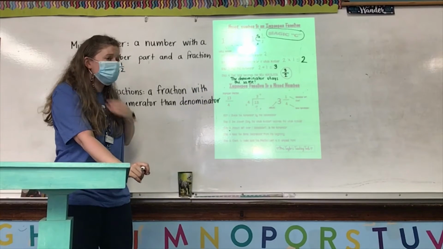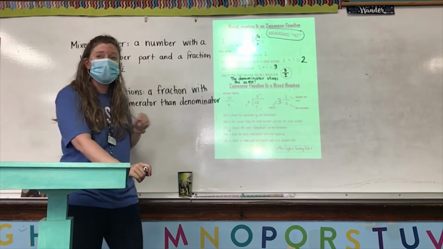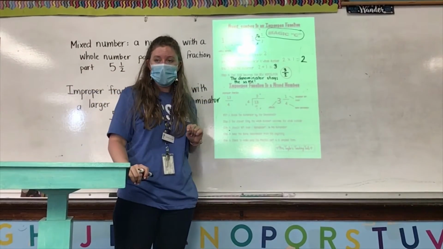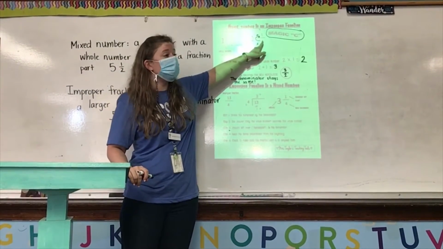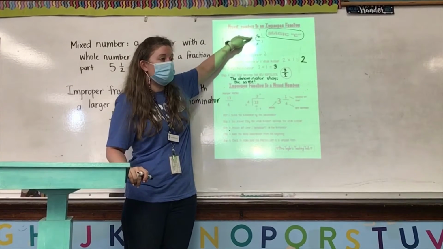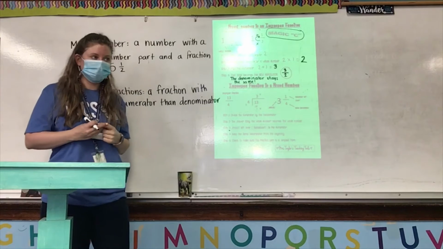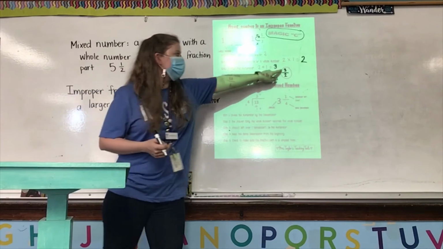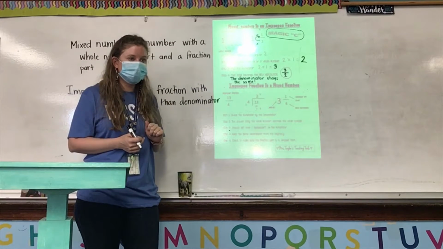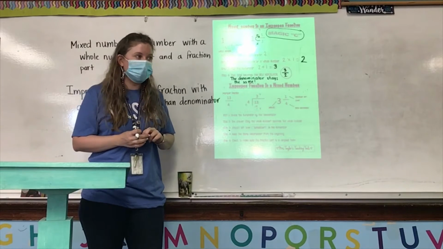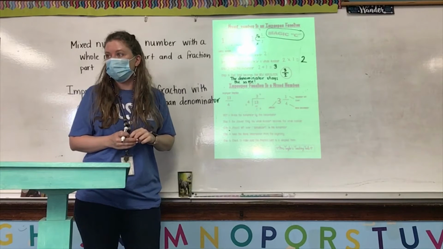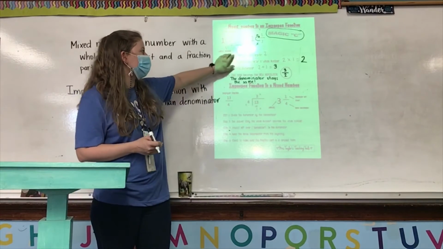What you have to remember is how to get the numerator. You start with the denominator, multiply the whole number, add the numerator. Then you get your new numerator. We're going to practice that on our guided and independent practice. So just remember these steps.